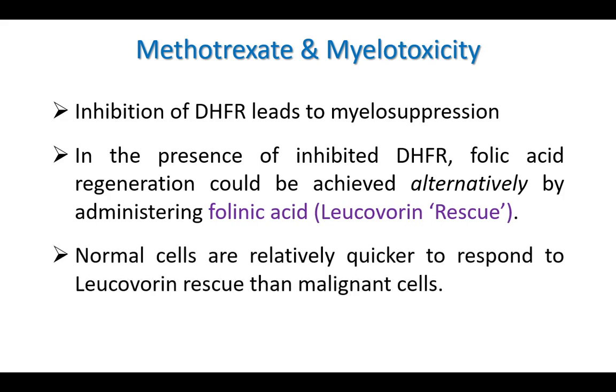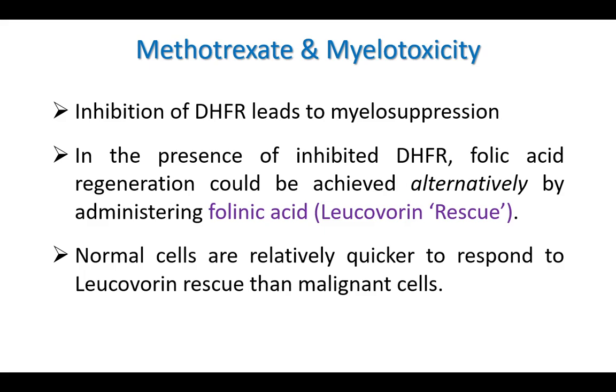Now, what happens is folinic acid doesn't need reduction. It can get into the cycle and help in the cellular processes. Normal cells are relatively quicker to respond to leucovorin compared to cancer cells. This is one advantage. Number two, you don't give it with the methotrexate. You give methotrexate and then probably 24 to 36 hours later you give this leucovorin.